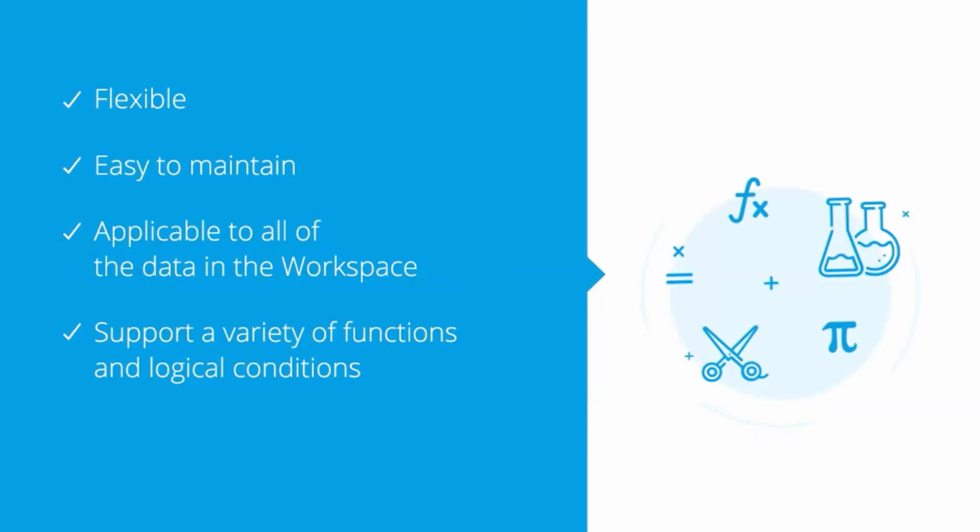Nothing like that happens. Also, it is flexible and easy to maintain, of course, because it is one dimension that comes up and you can go ahead and edit it.